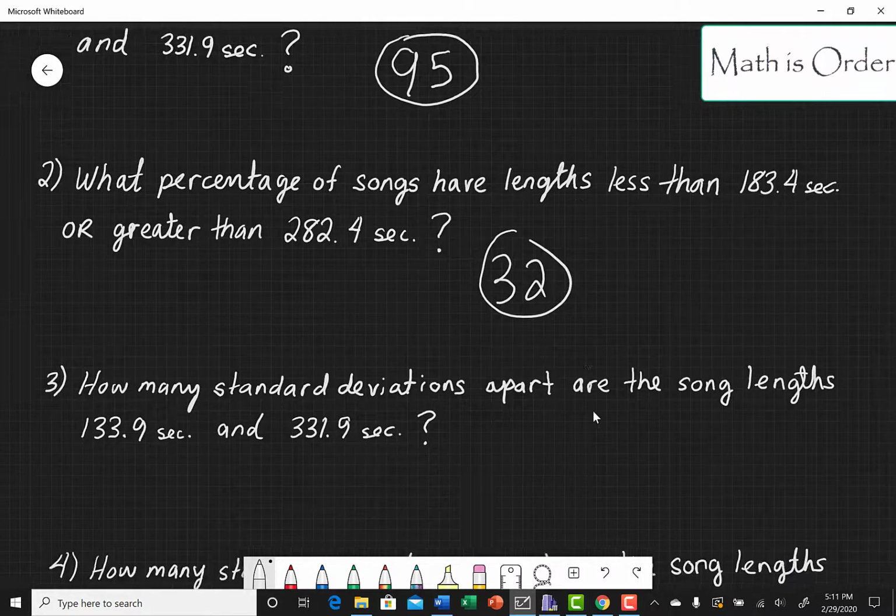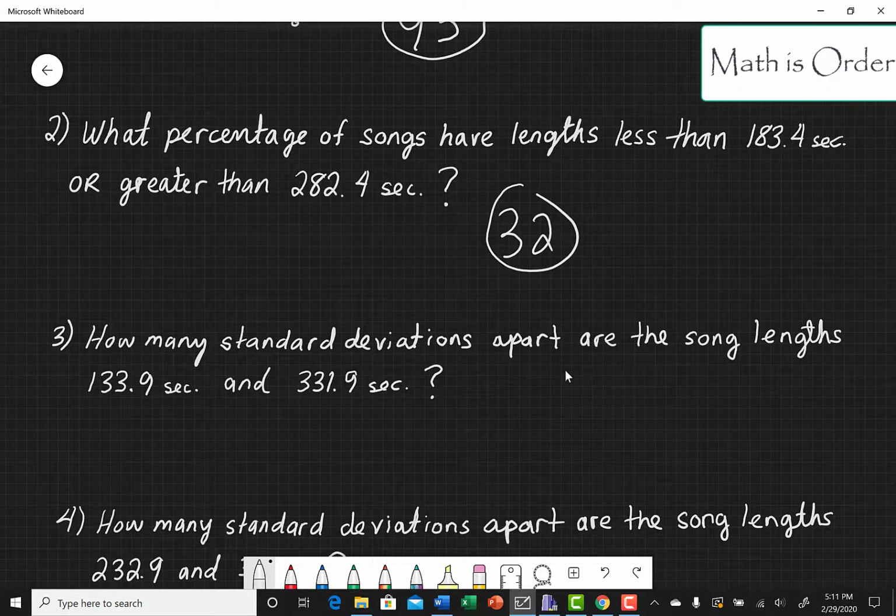Next, they ask us how many standard deviations. This question is a little different, and these others asked for the percentage.